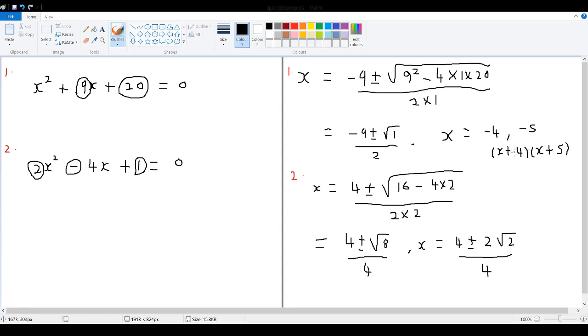So when you factorize, you already know the solutions to the equation, and if you know the solutions, you can factorize. So remember the solutions, if we put in x is minus 4 here, we'd get minus 4 plus 4, which would give us 0. And the same when we put in the minus 5 in the other bracket, we'd get minus 5 plus 5, which is 0.